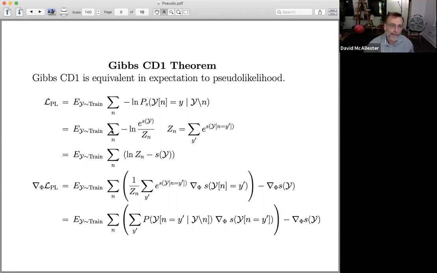So I'm going to write this here as the sum over nodes of minus log, and this probability is e to the score over a partition function. But in this case, the partition function only has as many terms as there are possible colors for this node, right? Because we're defining a distribution on the colors for this node. So this Z is a sum over the possible colors of this exponential.